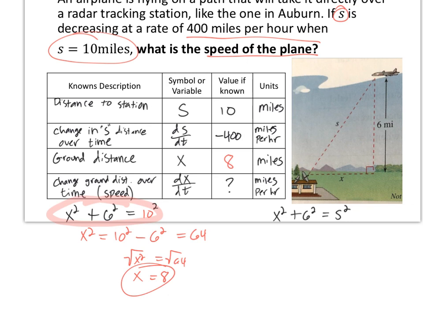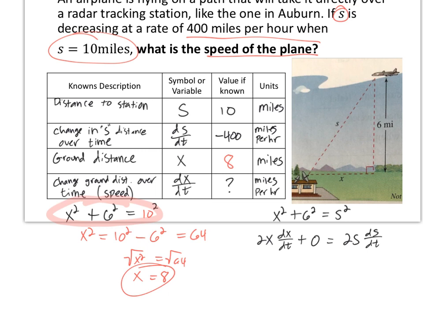We'll actually take that derivative right now. 2x dx/dt plus the derivative of 6 squared, which is just a constant, so plus 0, equals 2s ds/dt.